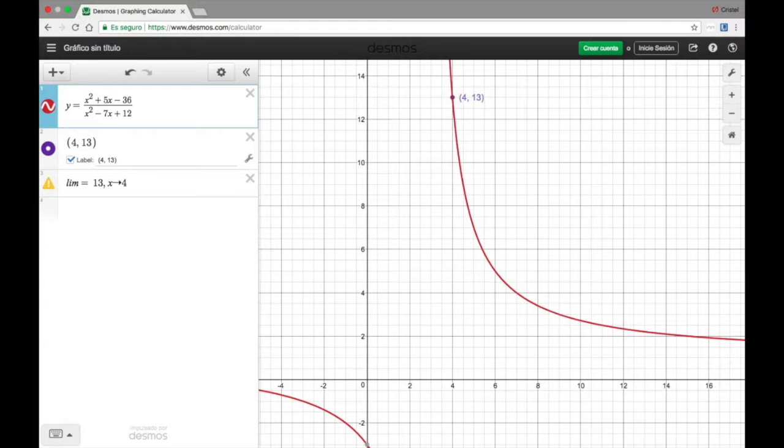So once it's graphed, as we can see in the graph, it is clearly shown that the limit of 4x is 13, which is a point in the graph, 4,13.